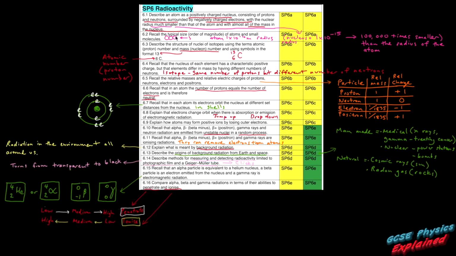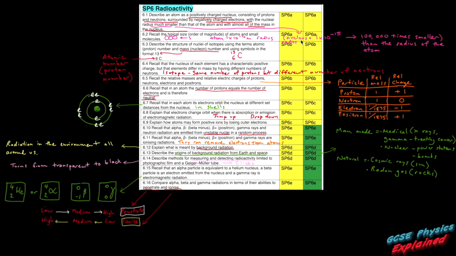You've got to be able to recall the typical size of atoms and small molecules. So if we say that an atom radius was 1 times 10 to the minus 10 meters, make sure you know that value, because that could be worth 1 mark in an exam. If you've got a molecule, that could be 3 atoms joined together. So in other words, it's 3 times 10 to the minus 10.